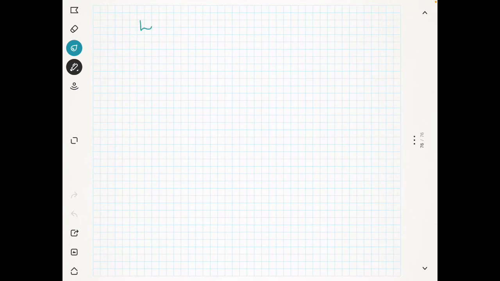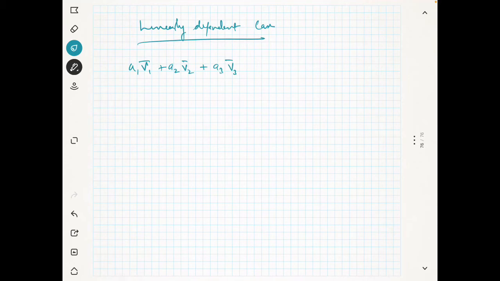So let us consider the linearly dependent case. There I told you a1 into v1 plus a2 into v2 plus a3 into v3, and so on up to ak into vk, where a1, a2, a3, etc. are scalars and v1, v2, v3 are vectors. This is equal to 0 in the case of linearly dependent.